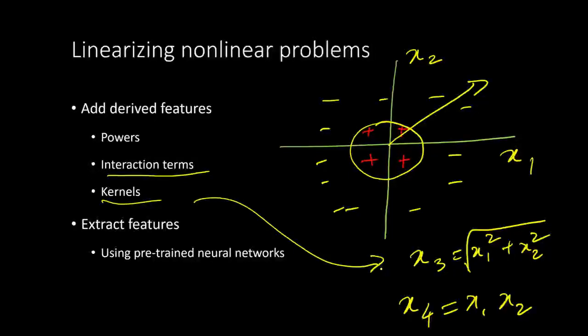So there are different ways of adding features that can linearize the problem. Another way to linearize the problem is to use pre-trained neural networks. We will come to that in a bit. Suffice it to say that learning linear classification is important because with some underlying nonlinear feature extraction or feature creation, we can actually solve problems in a linear manner.